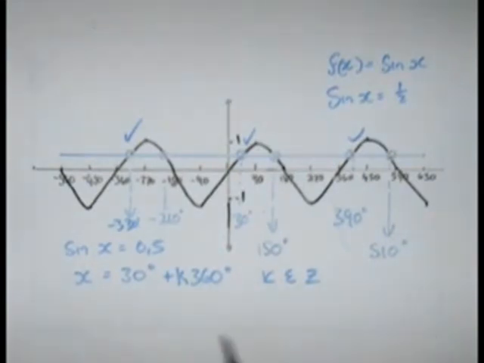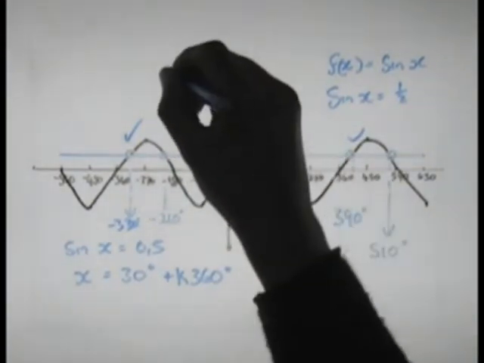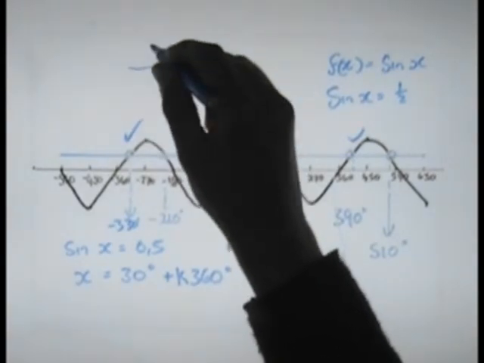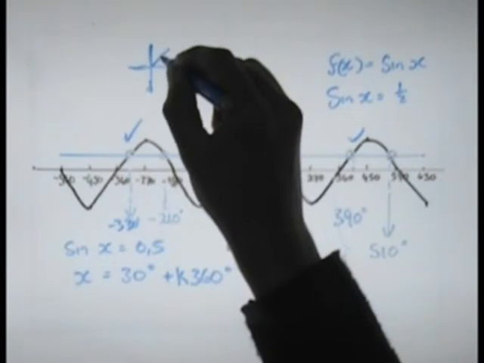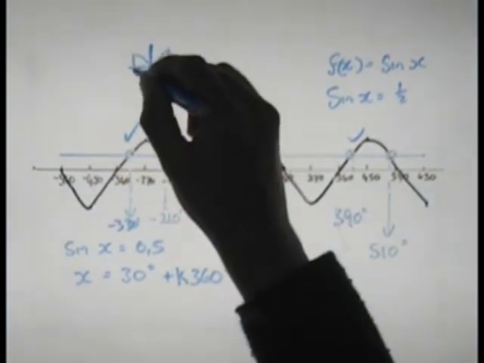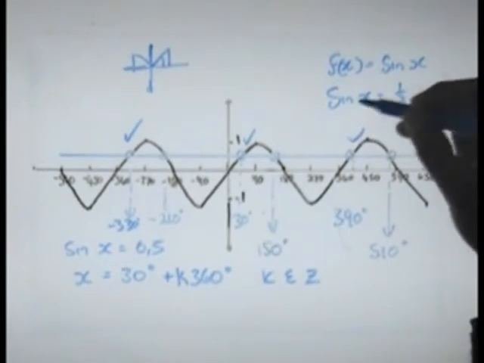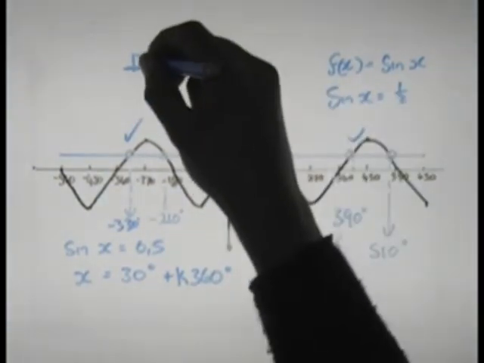Now remember, when we sketched our 30-degree angle on the Cartesian plane, we sketched it either there, but it could have also been over there for sine of x to be positive a half.